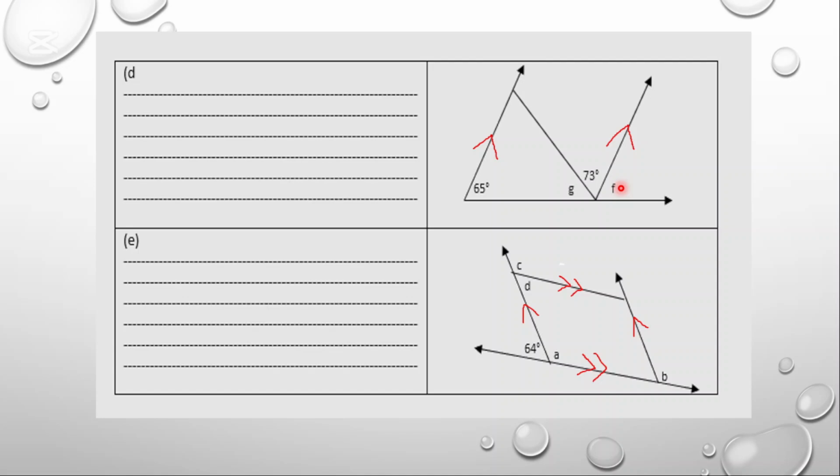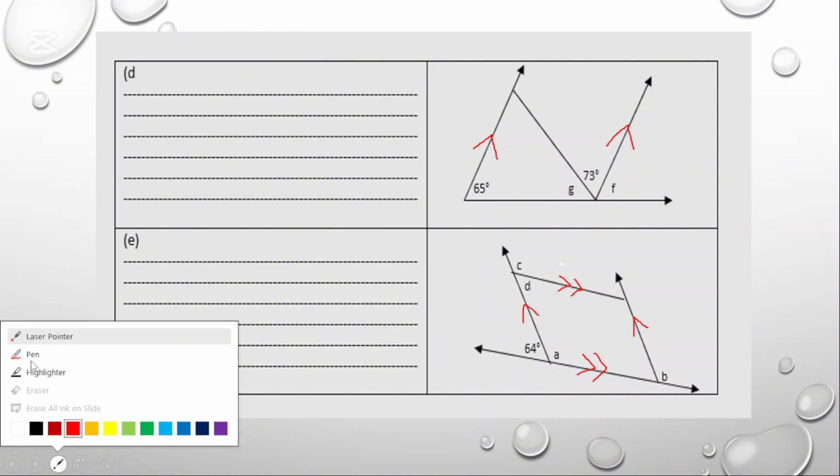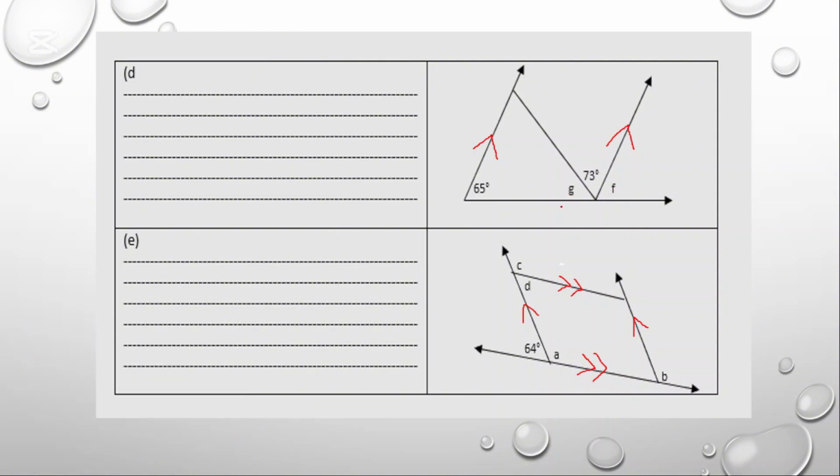So we start with F, and once you have F, you can work out G, because F, 73 and G, they all have a common vertex over here, and we know they add up to 180 degrees. So you will first find F, because F and 65 degrees, they form a pair, and from there you will work to G.